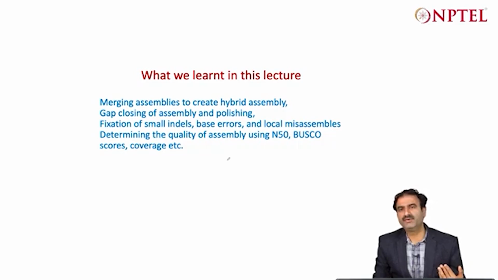We also looked at the commonly used methods that can do this job, and then at the measures or parameters that evaluate the quality of an assembly, and how important these parameters are, because they give you an indication of how good the assembly is. So I'm sure that when you now read a paper that contains these numbers and values, you will be able to assess the quality of an assembly very easily.